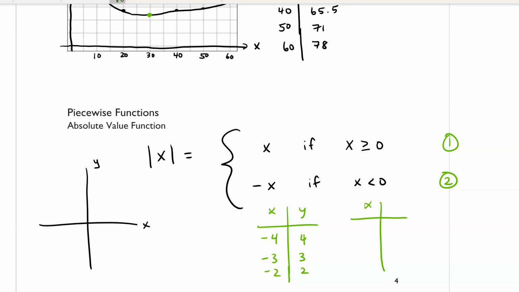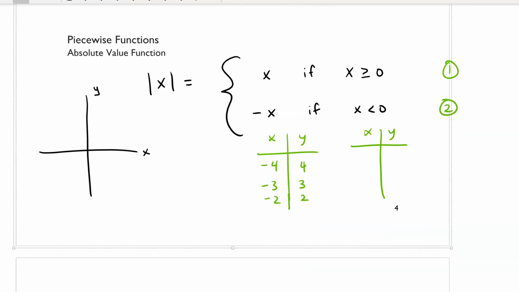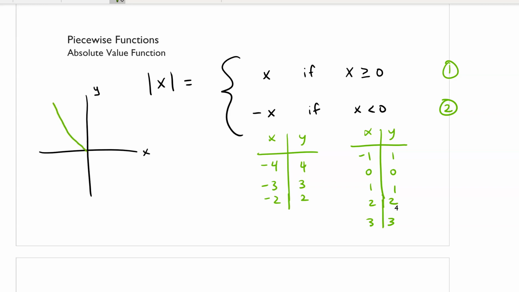Make another table since I ran out of room. So essentially, what's going to happen is it's going to make this V shape, and it'll be mirrored around the y-axis.